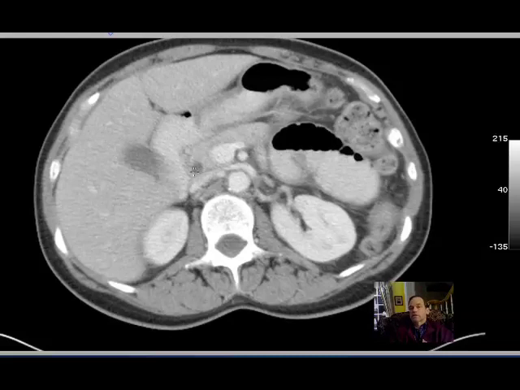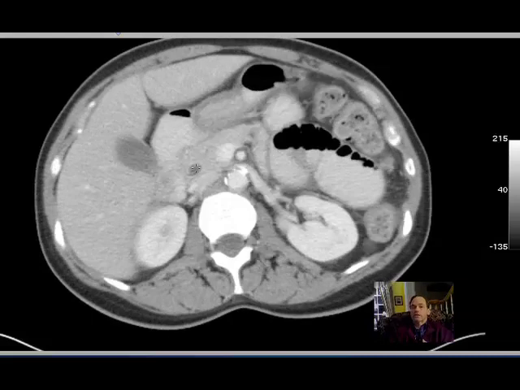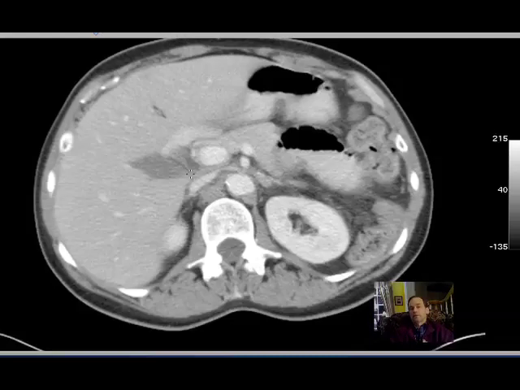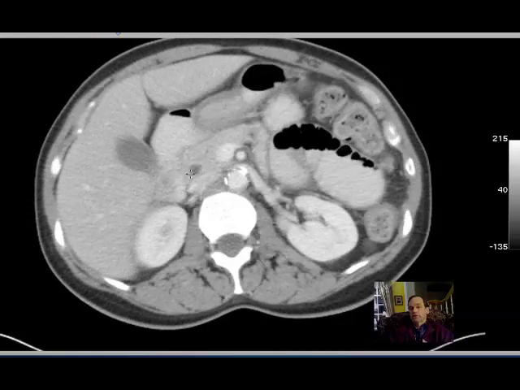And sometimes it's not calcified, so all you see is a round structure that is as if a filling defect in the common bile duct. The other important cause is a pancreatic tumor. So a pancreatic cancer can certainly obstruct the common bile duct here as well.